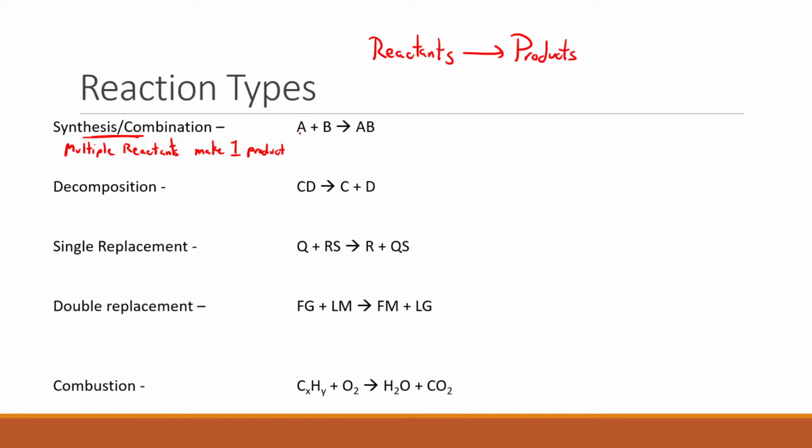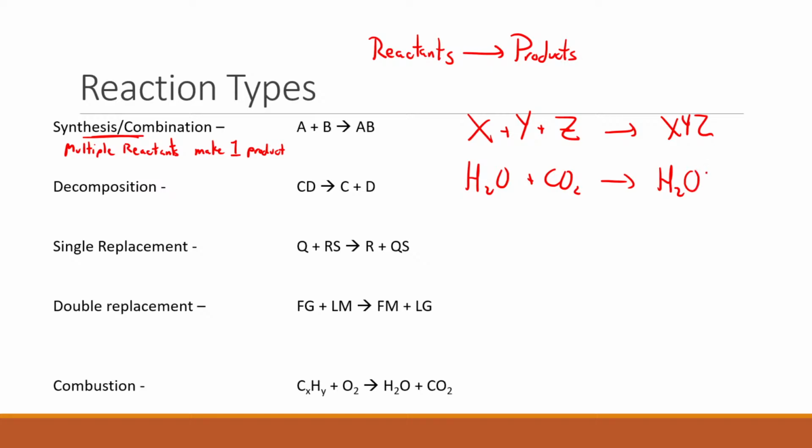So anytime you see multiple reactants coming together to make just one product, you know you have a synthesis or combination reaction. Now that can be multiple things, right? It doesn't need to be just 2, it could be 3 or 4 coming together to form a compound. It could be 2 compounds coming together to make a bigger compound.